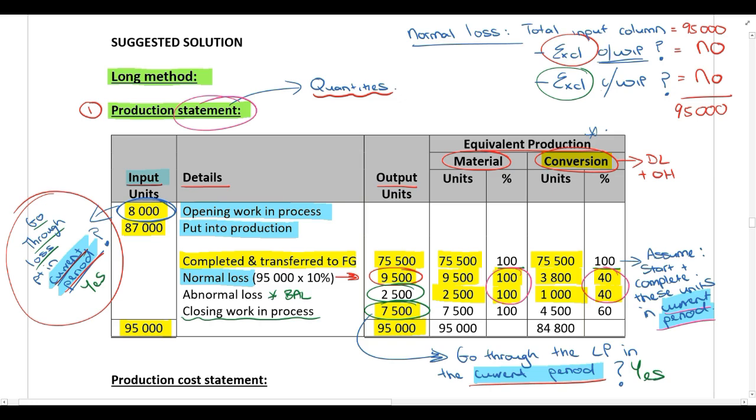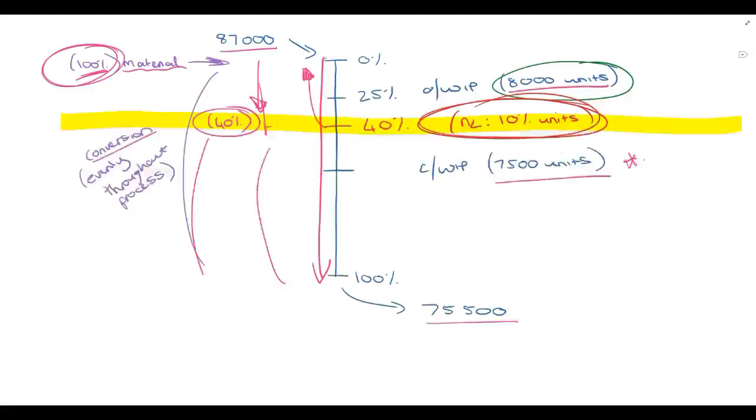And then lastly, for closing work in process, it's sitting on 60% complete. That means I did 60% of the work in this period, and I'm going to do the other 40% in the next period.